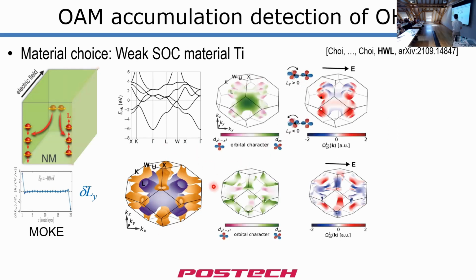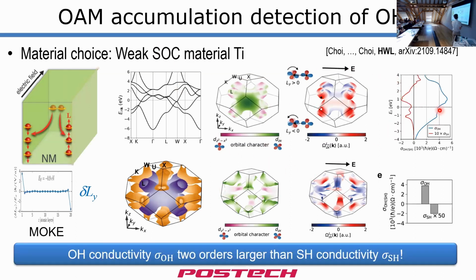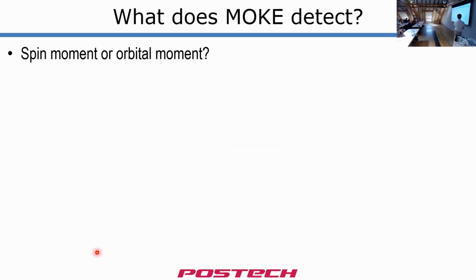And each Fermi surface has a strong orbital texture, and they generate a strong orbital Hall effect. For this material, the orbital Hall conductivity is estimated to be about two orders of magnitude larger than the spin Hall conductivity. So probably the orbital Hall effect is more important.